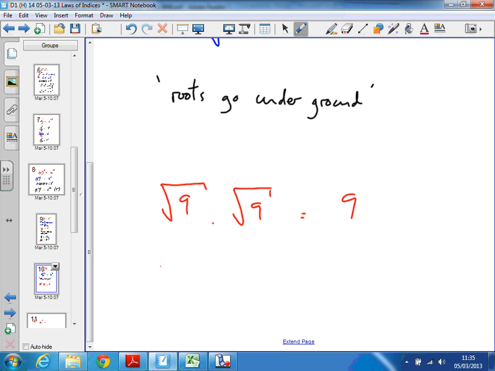The square root of 5 is not a number that's easy to say. We could do it on the calculator. The 2 squared is 4, so it'll be 2 point something. Okay? The square root of 5, though, multiplied by the square root of 5, we do know the answer to that. It's 5. Because the definition of a square root is a number which, when we multiply it by itself, gives that number.